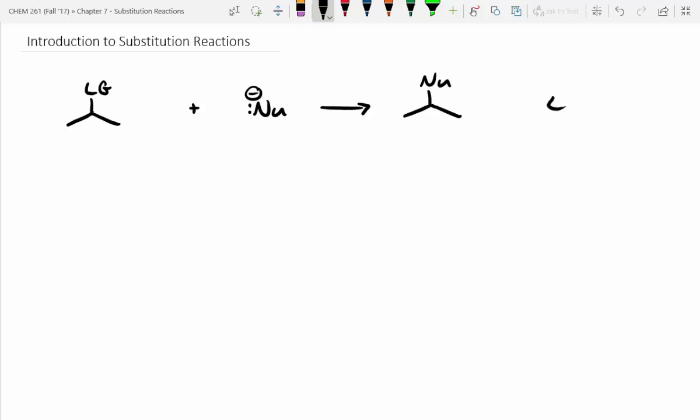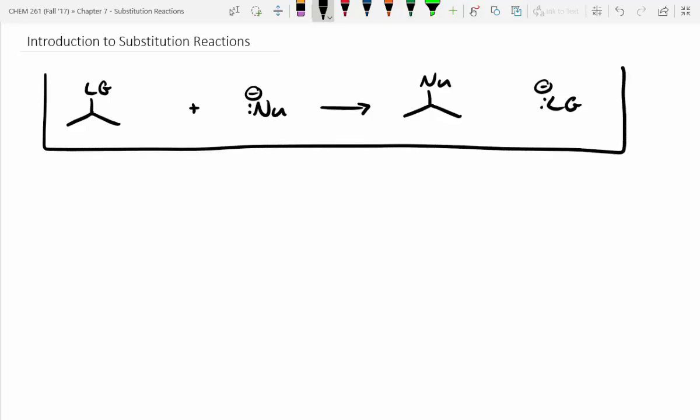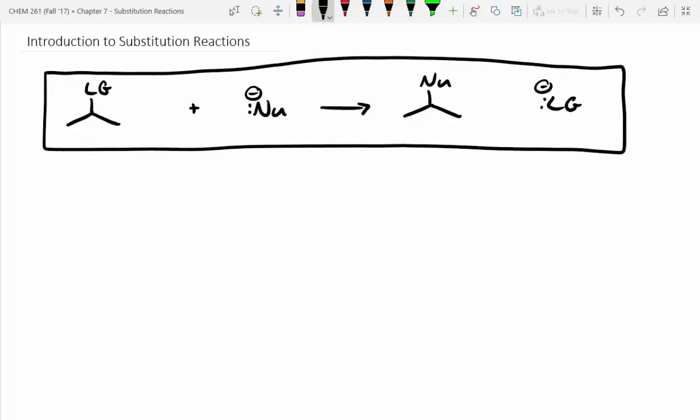And your leaving group, when it falls off, will have what charge? Negative. Okay, so it's going to have a lone pair and a negative charge. This is the overall reaction for a substitution. Essentially, all that's going to happen is your nucleophile is going to replace the leaving group, right? Pretty easy.